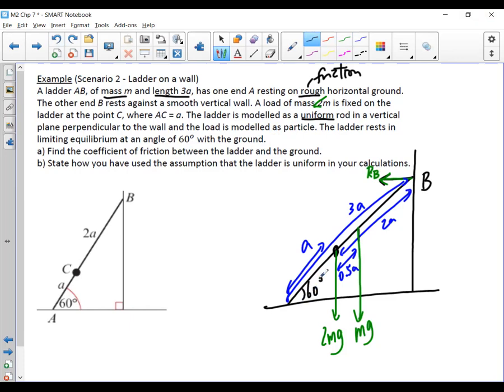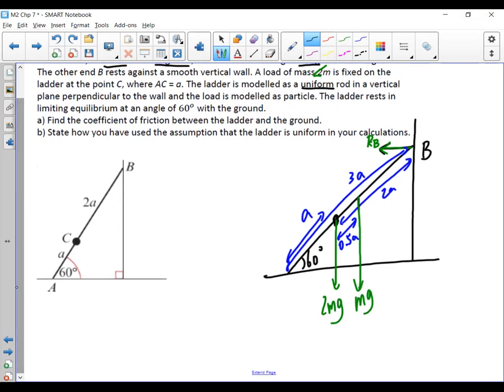So first question. On the ground, what forces are on there? There's a reaction at A, we talked about that, and also friction here, FA. So these 6 forces, well, no, hang on. 2Mg is special for this question, but if we ignore 2Mg because that's only in this question, normally there's the reaction at A and friction at A, so that's standard.